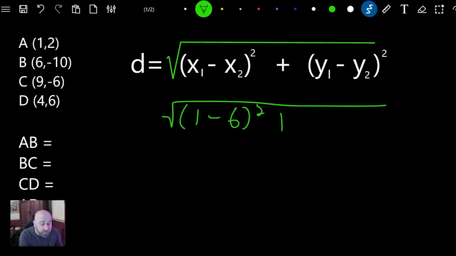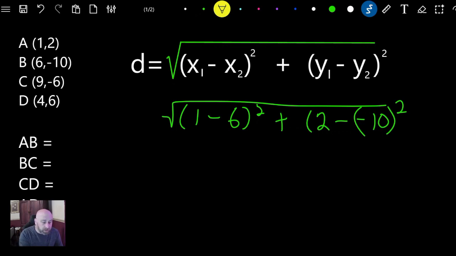So I just rewrite the formula. Here in the Y, I have to use the A point for the 1. It's very important. I can't use the B point for the 1 here. I have to use the A. I have to stick with, if I designated A as the 1, it has to stay the 1. So this would be 2 minus 10, and that would be squared.